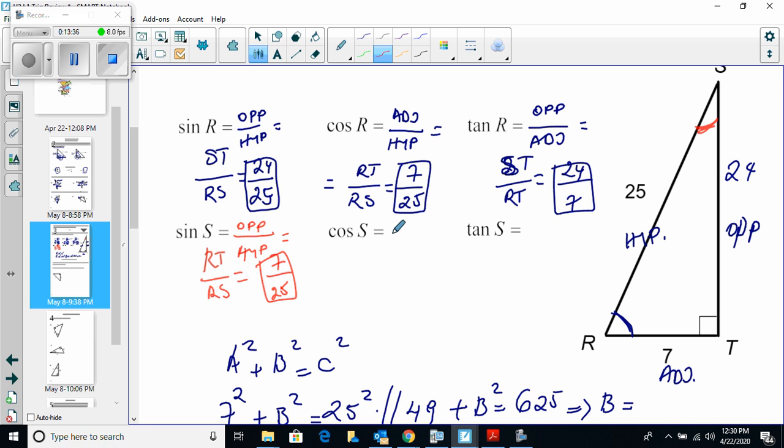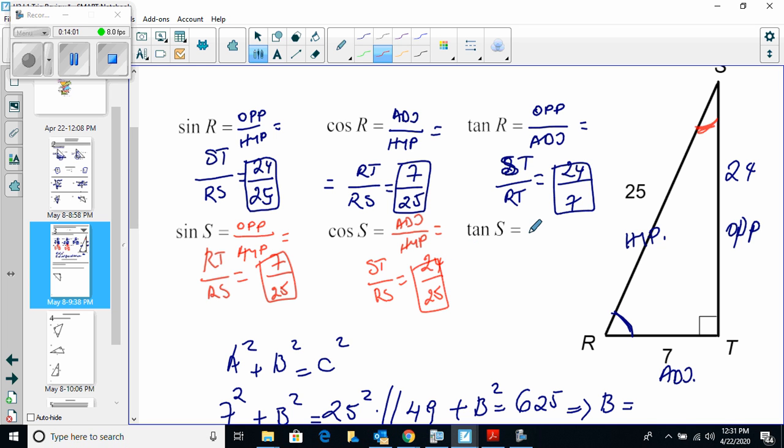And cosine of angle S will be adjacent over hypotenuse. The adjacent of angle S is the length of ST over hypotenuse, always RS, and this will be 24 out of 25.